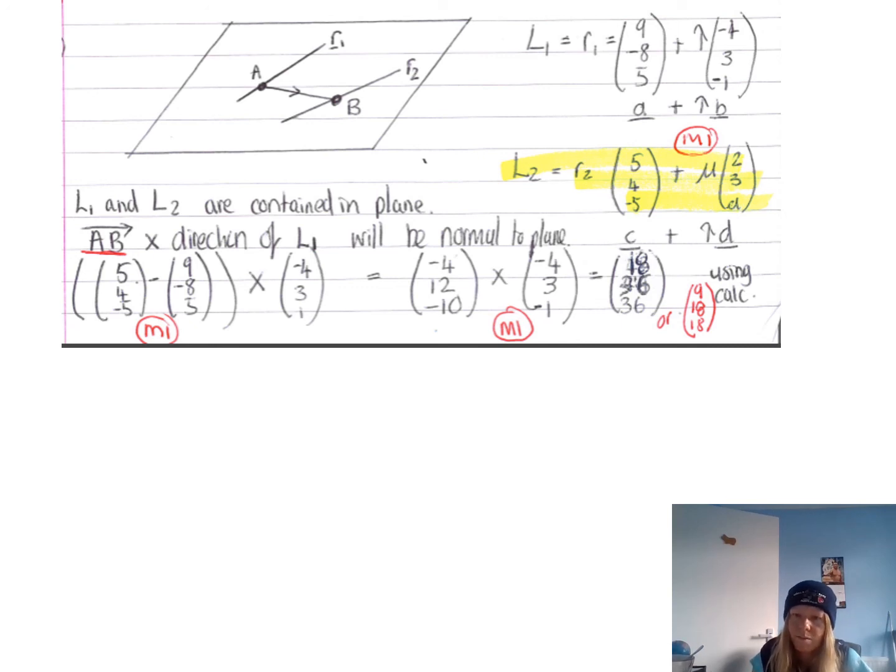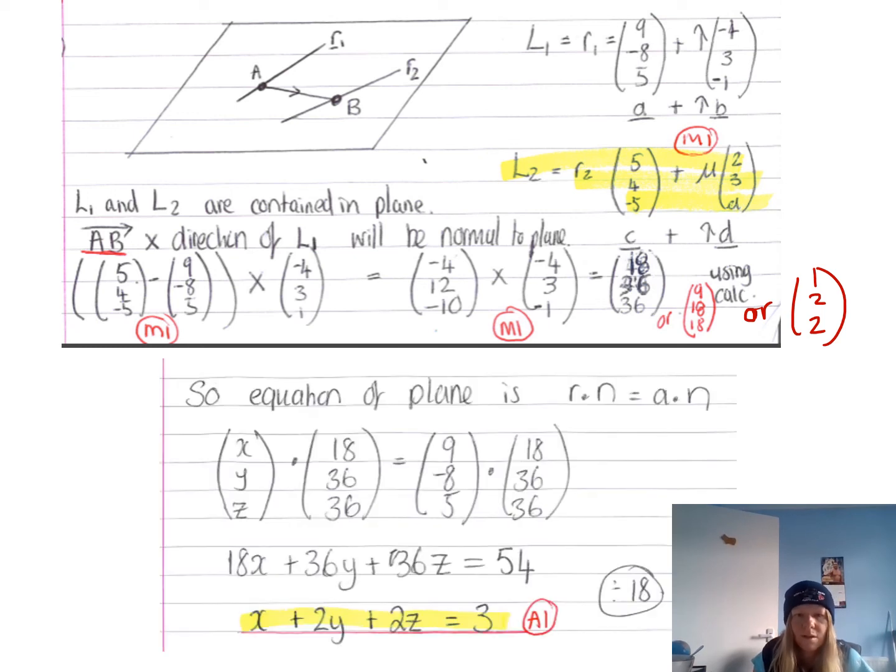Should really put there. Or 1, 2, 2. You can take any scale factor out. If you looked at 18, 36, 36, it really doesn't matter. And then equation of the plane, r dot n equals a dot n. Equation of the plane.